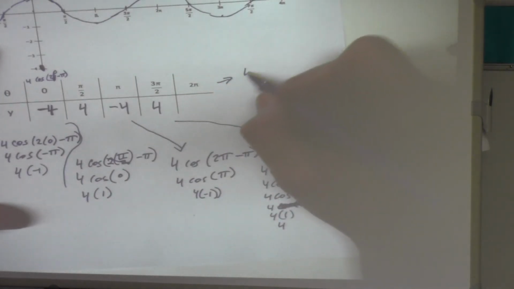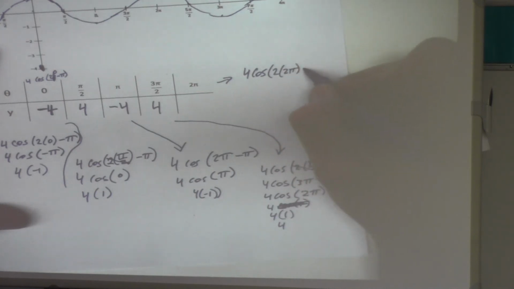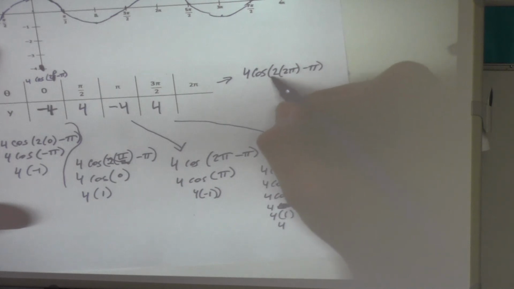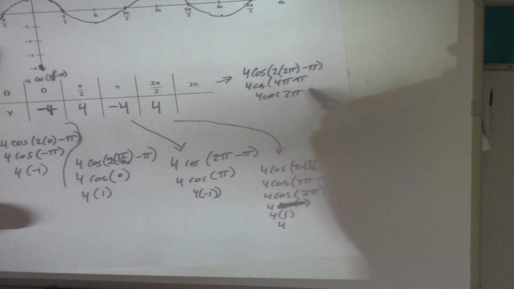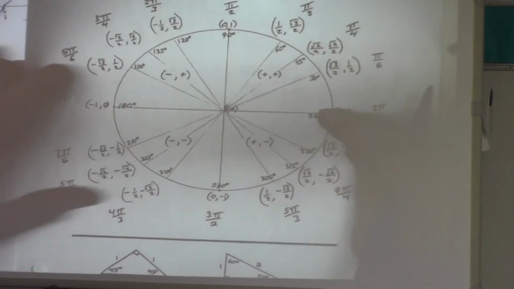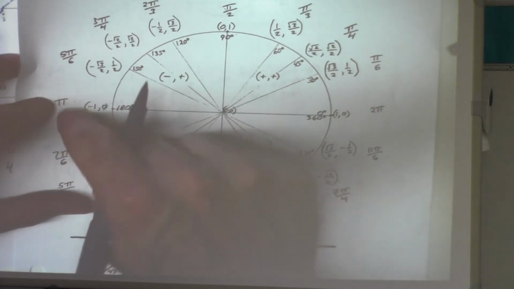So for this one, 4 cosine 2 pi minus pi. Well, here, when I work that out now, that's 4 pi minus pi, 4 cosine 3 pi. Well, 3 pi is just going around 3 times, or actually, from here to here is 1 pi. This is 2 pi, this is 3 pi, we're just right back there.